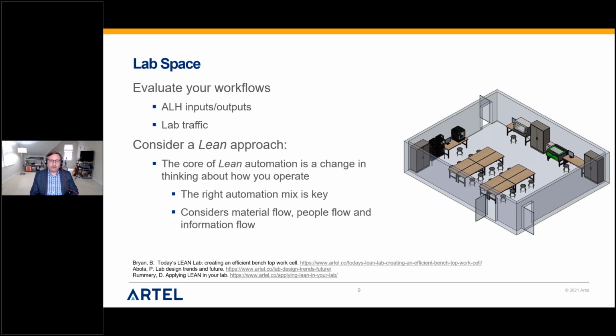The idea here is getting the right automation, the appropriate thing for your situation, and that really considers the material flow, people flow, and information flow. Again, I gave that example of things going in and out. If you have no staging area and you have to bring this pile of plates over, that can be detrimental to fully automating or being successful.